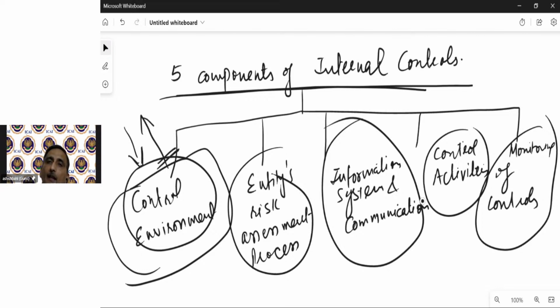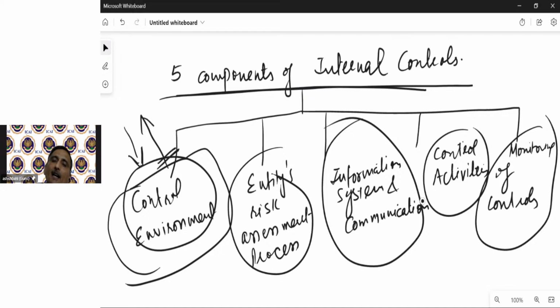By itself, it does not ensure this. Clear, guys? What do we mean by control environment broadly? Is that clear to you?